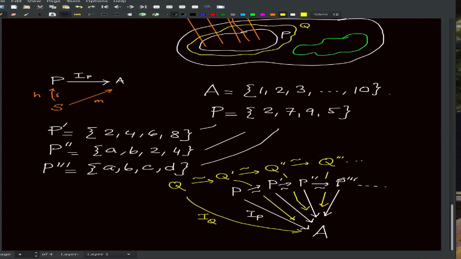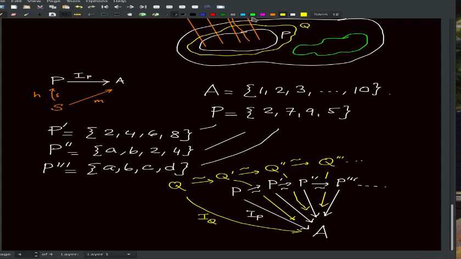And likewise for all possible subsets that you might think of. Now, how do you rephrase this fact that P is a subset of Q in terms of these maps? Well, since P is automatically a subset of Q, you have the inclusion map of P into Q.